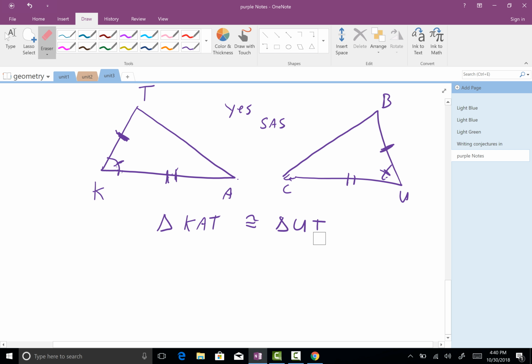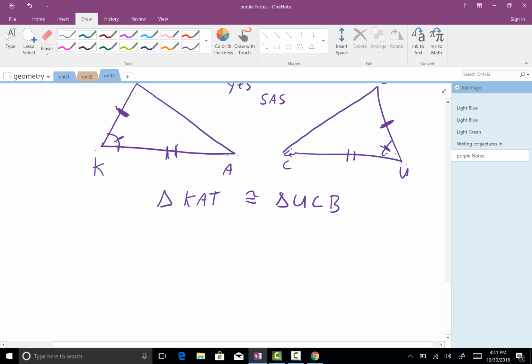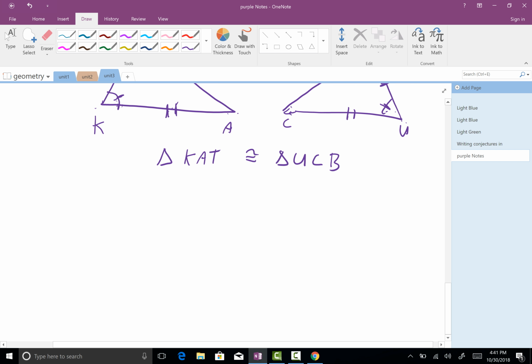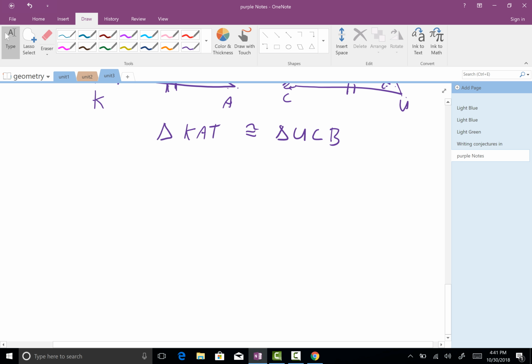We'll call that one C. A corresponds to C, and this T corresponds to that B. So that's how you write the congruence conjecture. It helps to have these two marked: KA, UC, KT, UB. All right? So there's one. Pause these at any time.